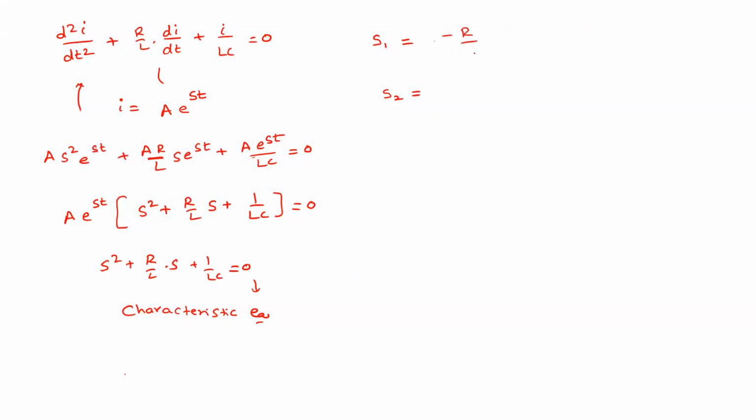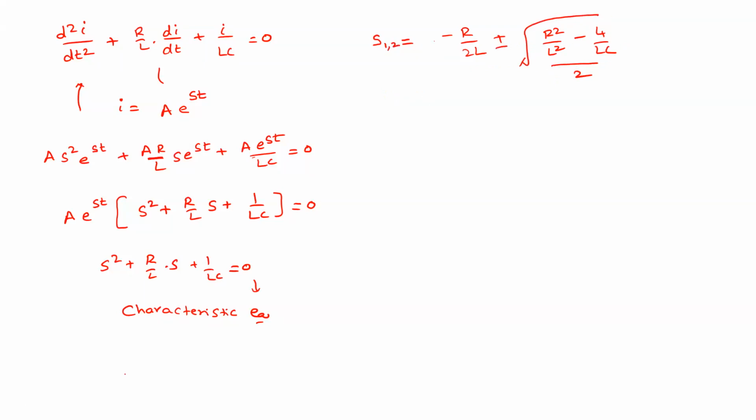Minus R upon 2L plus under root R square upon L square minus 4 upon LC, whole upon 2. Is the 2 also under the root? No, sir, that is outside. Yes. So this is s1,2, right?